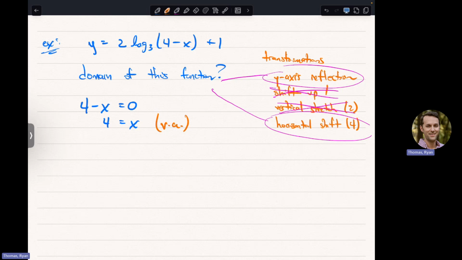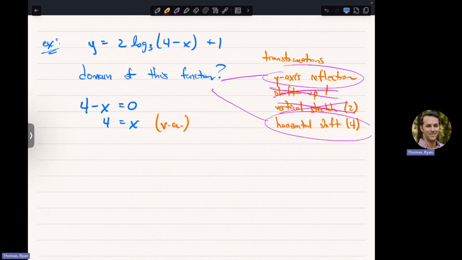Okay, what else do we need to know? That's what I know right now. What do logarithms look like? Something like that, right?